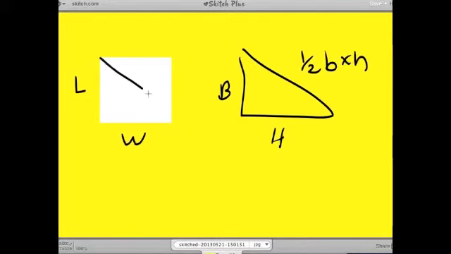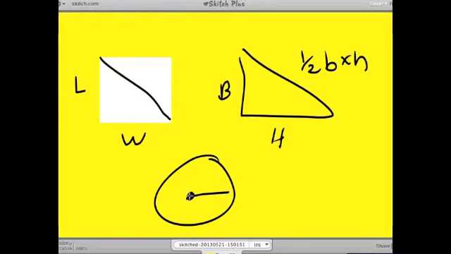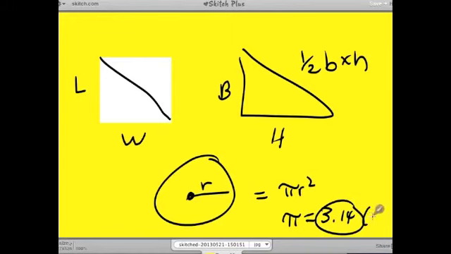And for a circle, you've got to remember this: if you know the radius, the area of that circle is pi r squared. And pi is usually approximated at 3.14, so whatever 3.14 is times the radius, whatever that is, squared.